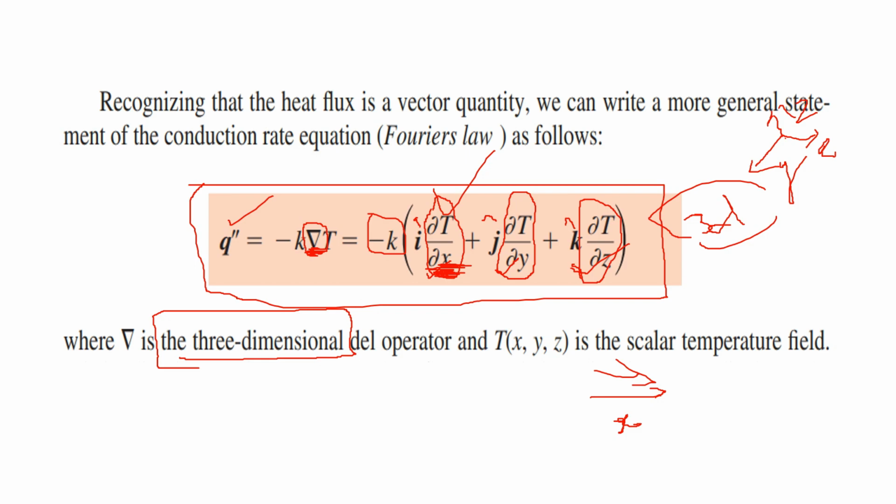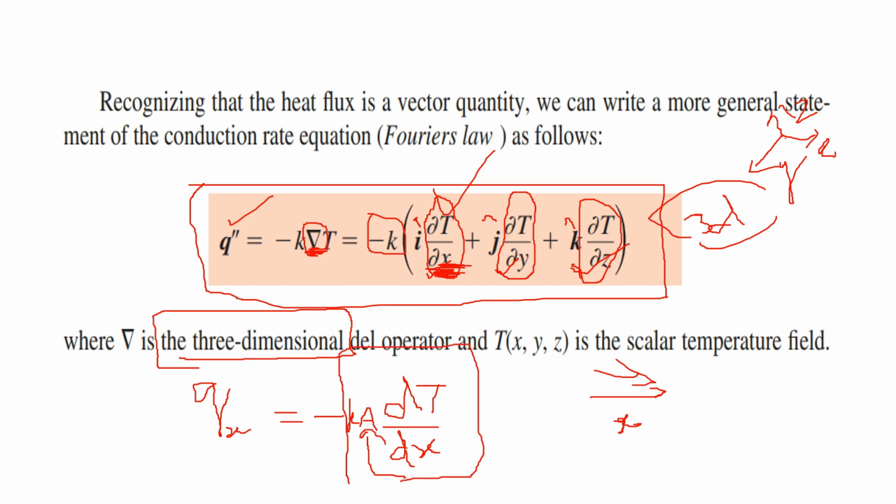Let's have a quick review of how the heat transfer rate for conduction can be found, and that is using Fourier's law. The heat transfer rate equals minus k dT by dx times A, where k is the thermal conductivity, a material property.